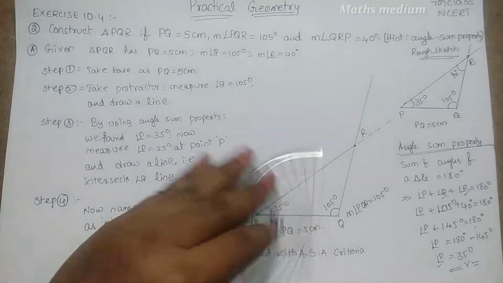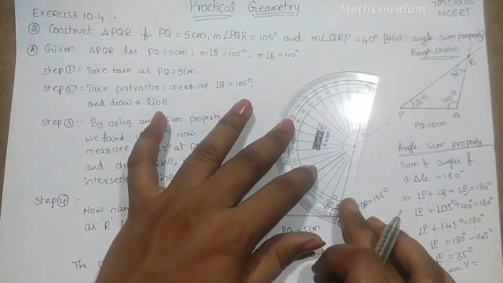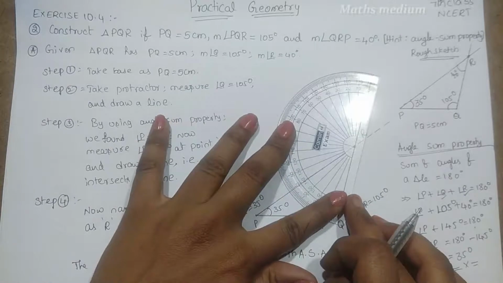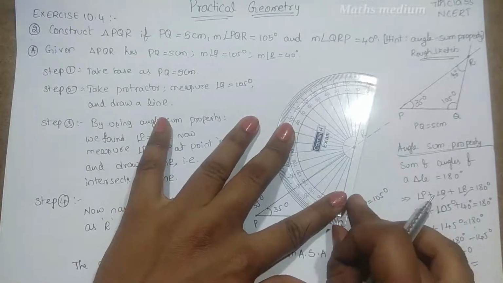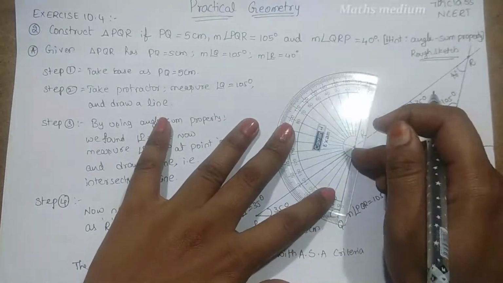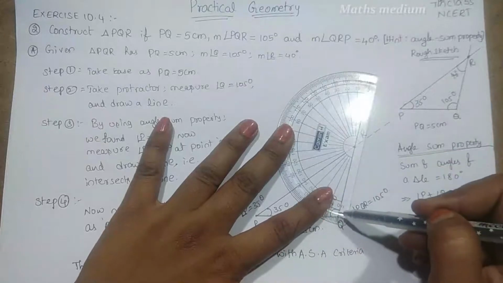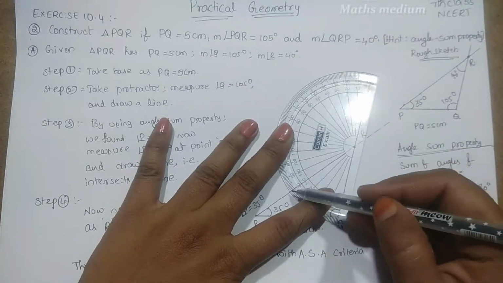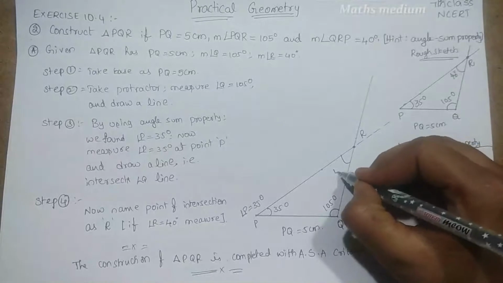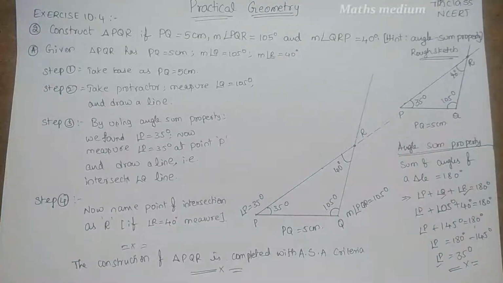Now take the protractor, take the confirmation also, and put it at point R like this. Now this is at R and this is 0. This is R line: 0, 10, 20, 30, 40. So this is also 40 degrees. Now we can conclude that the construction of triangle PQR is completed by using angle sum property.